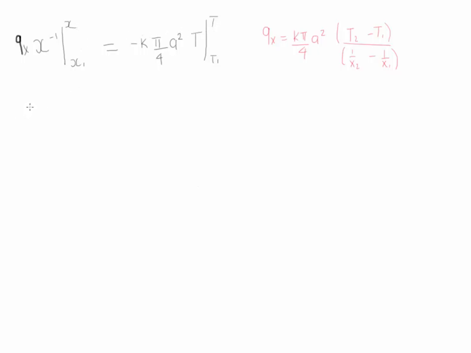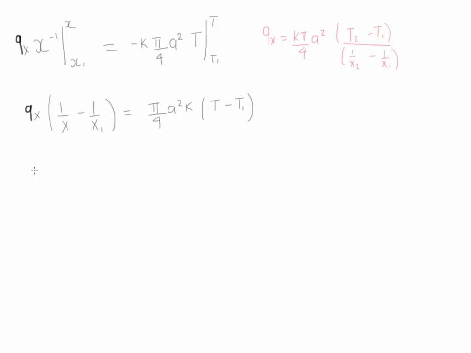So we follow the procedure and we get that Qx times (1 over x minus 1 over x1) is equal to pi over 4 a squared k times (T minus T1).